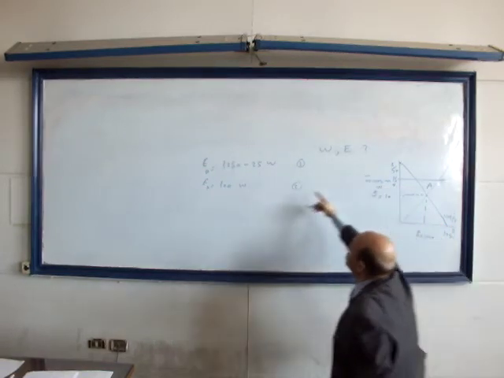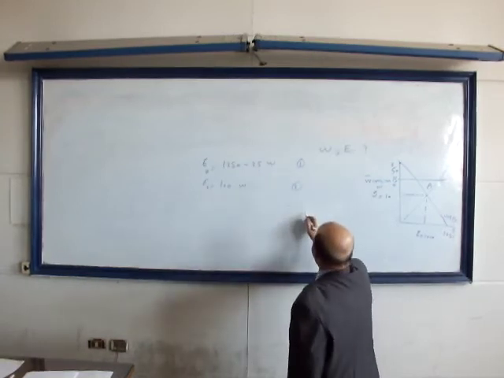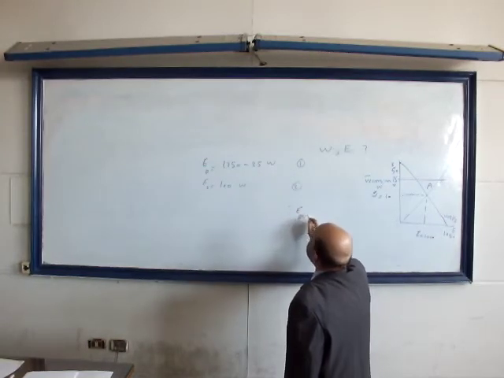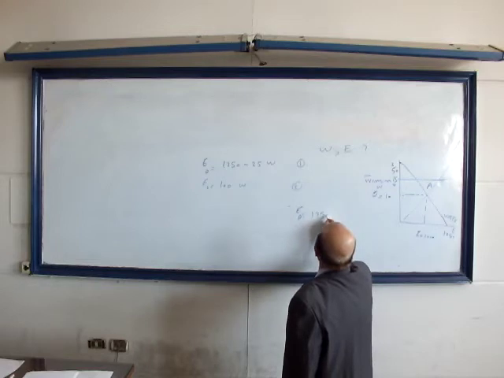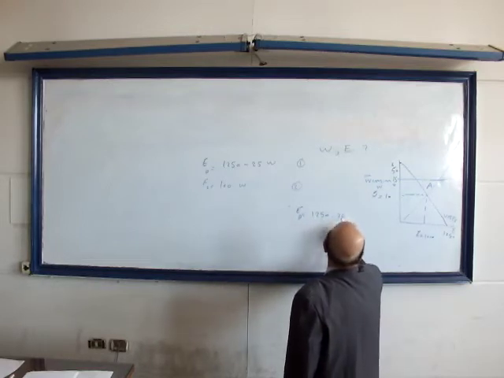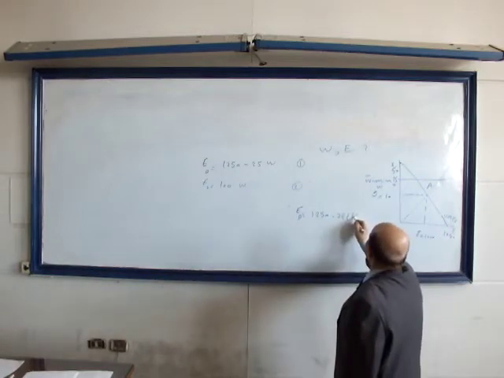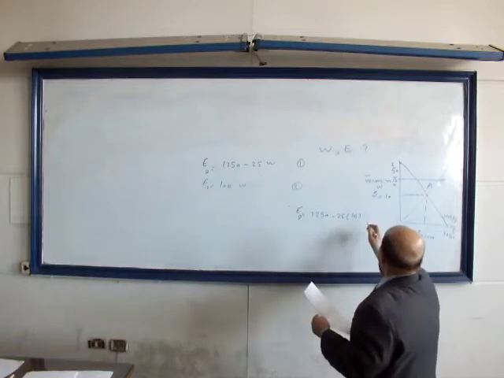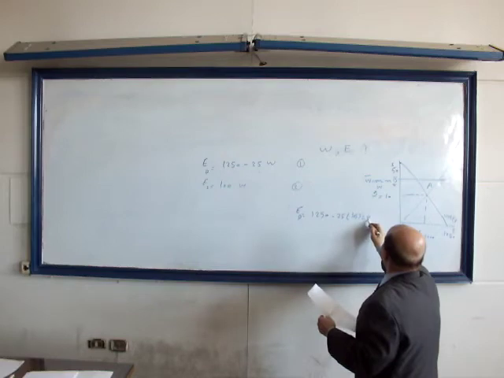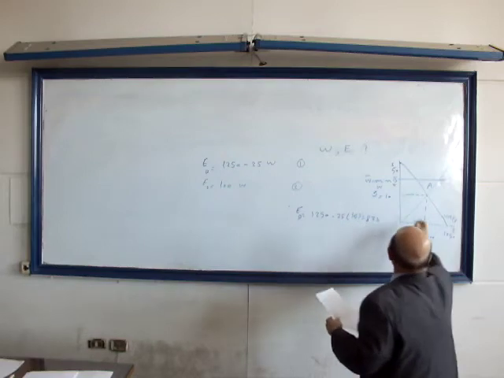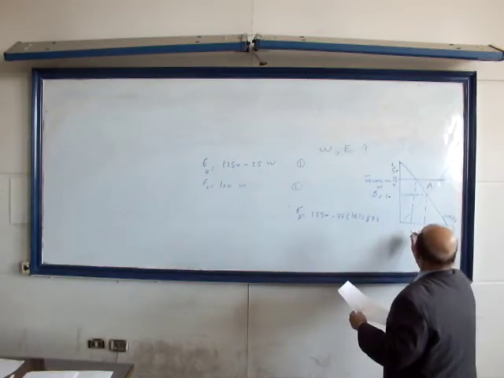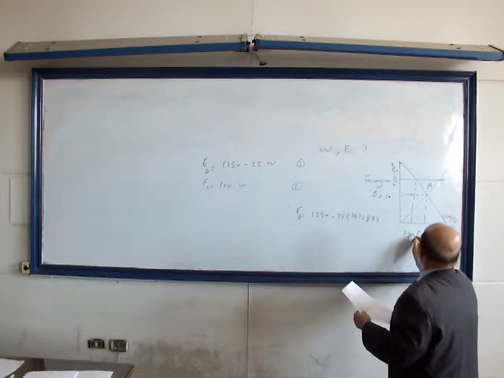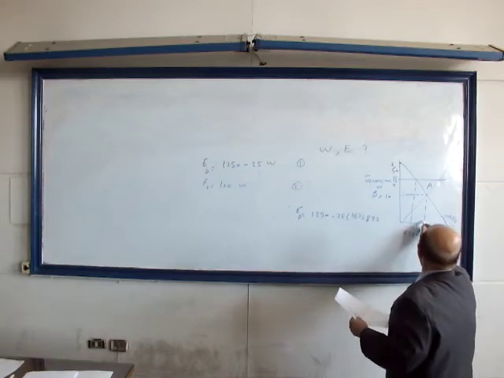If you substitute here by 15, you get demand. Demand is 1250 minus 25 times 15. If you calculate this, it would be 875. Okay, this is your employment.